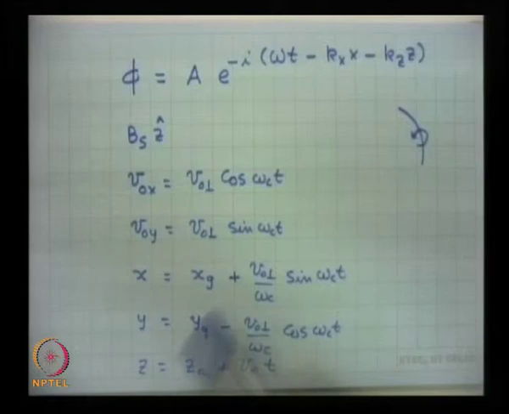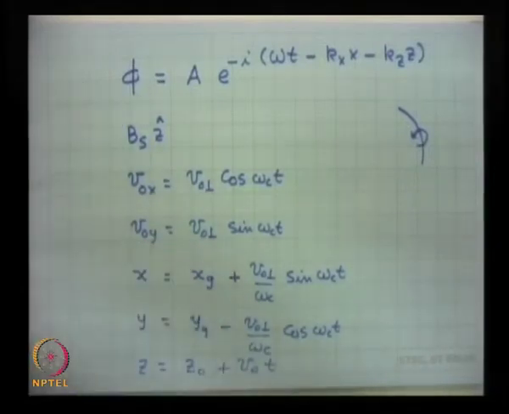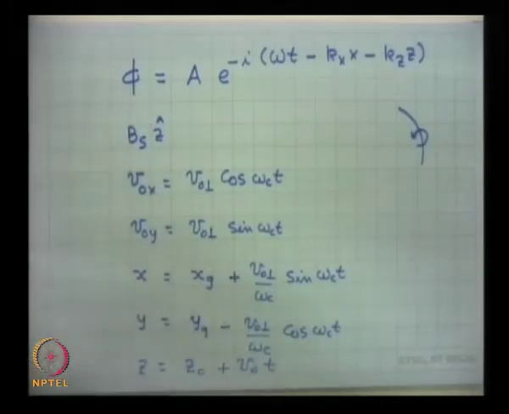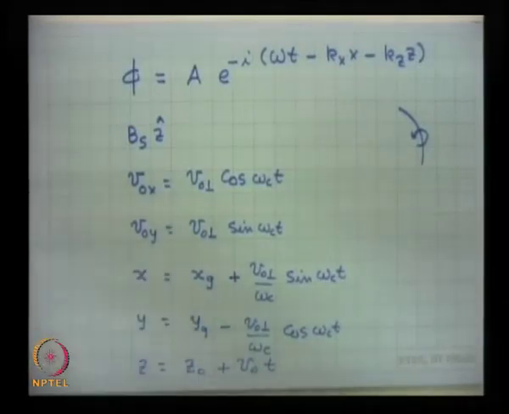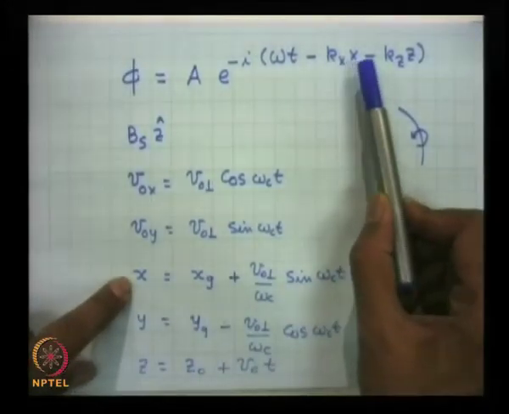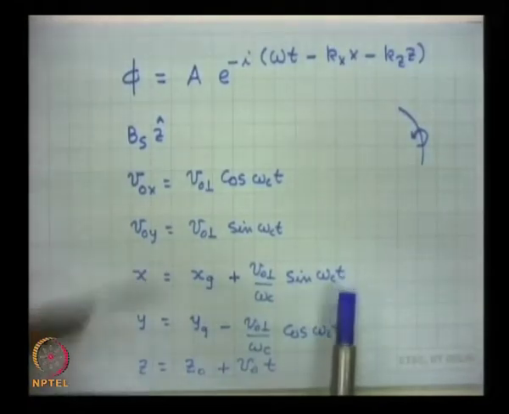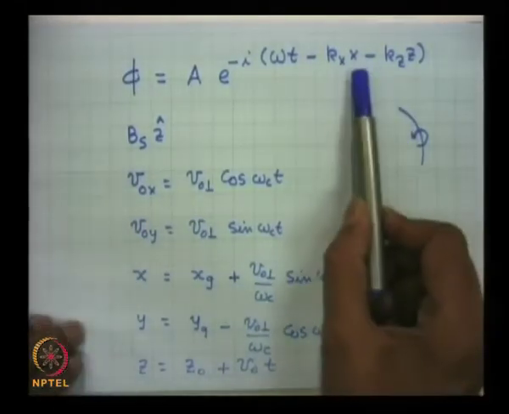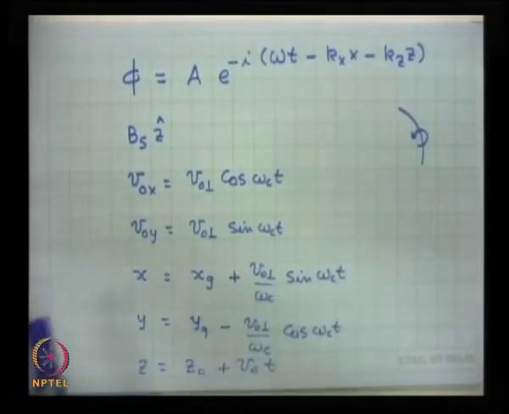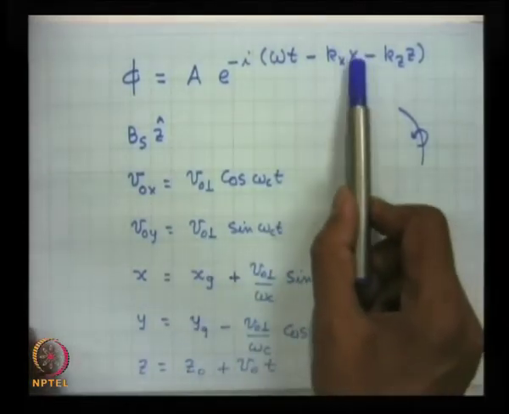Now, these particles, when they see a wave, obviously suppose the wave amplitude is very low, then we say that x will be modified, y will be modified, z will be modified, velocities will be modified just a little. But primarily the x coordinate of the particle, because it is changing with time originally, and consequently the field or potential of the wave as seen by this electron will have x as a function of time.